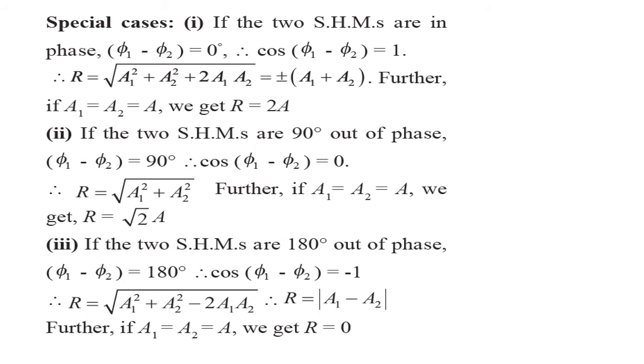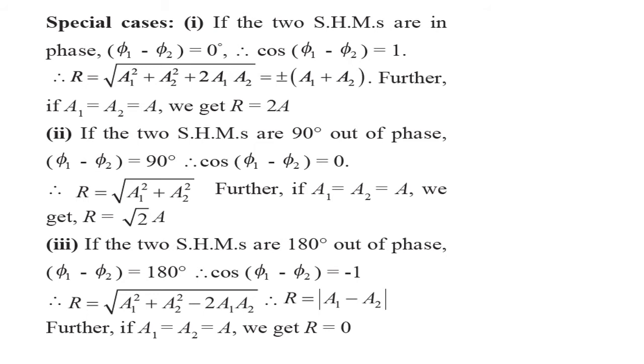So if we substitute phi 1 minus phi 2 equal to 0 in that, then cos of phi 1 minus phi 2 is 1. So you get r is equal to under root a1 square plus a2 square plus 2a1 a2. Now if you look at the term, you get r square is equal to a1 square plus a2 square plus 2a1 a2.